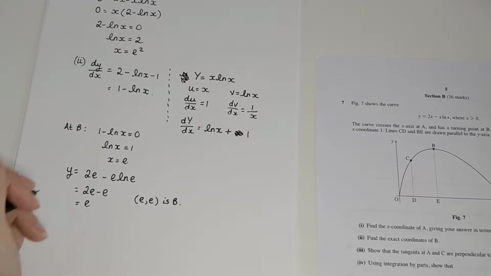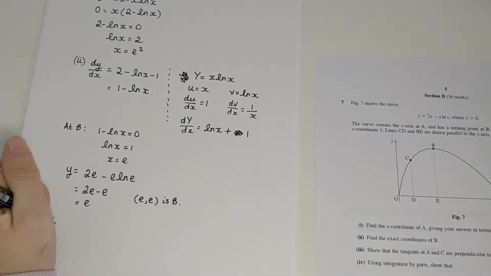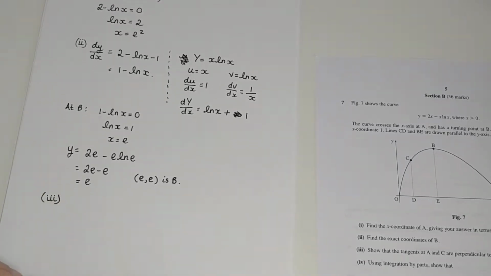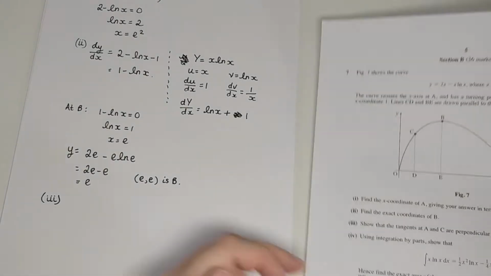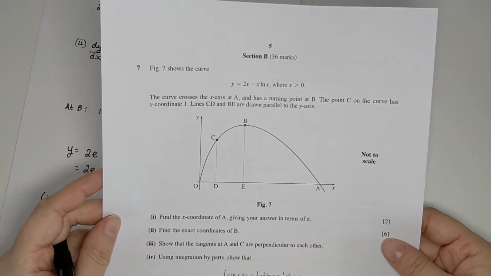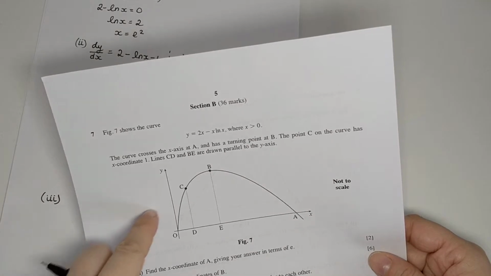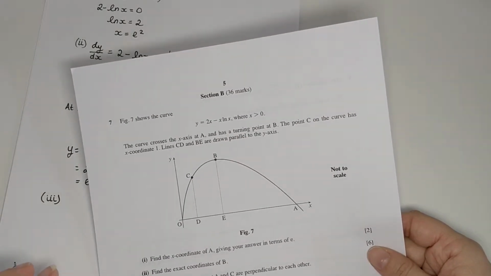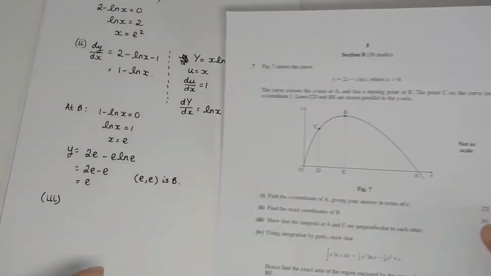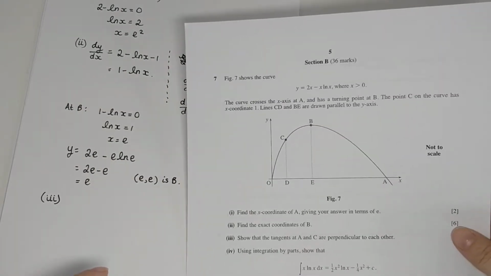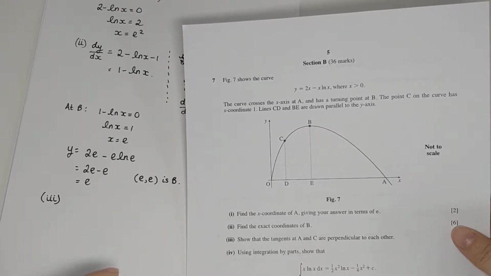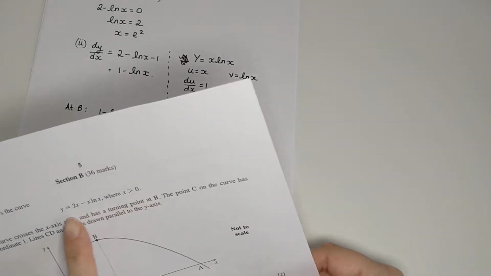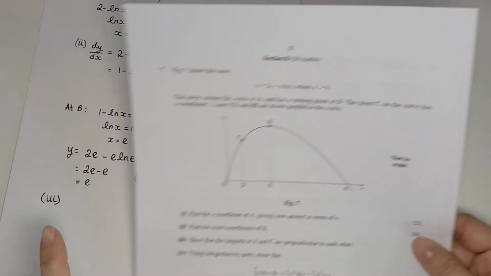What's next? Show that the tangents at A and C, where's A and C? Tangents at A and C are perpendicular to each other. So we know the x-coordinate of A, and we know the x-coordinate of C because it tells us there.